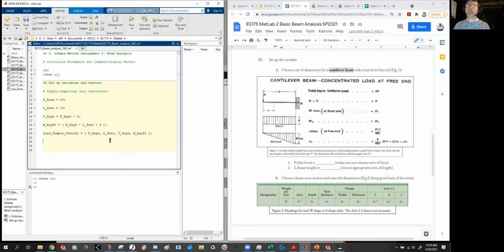Okay, now I'm going to set up the beam cross-section parameters. So again, you should have comments all the way through here as to what you're doing each step of the way. All right, so I'm going to use a W30 by 211. Oh, you know what I should do?